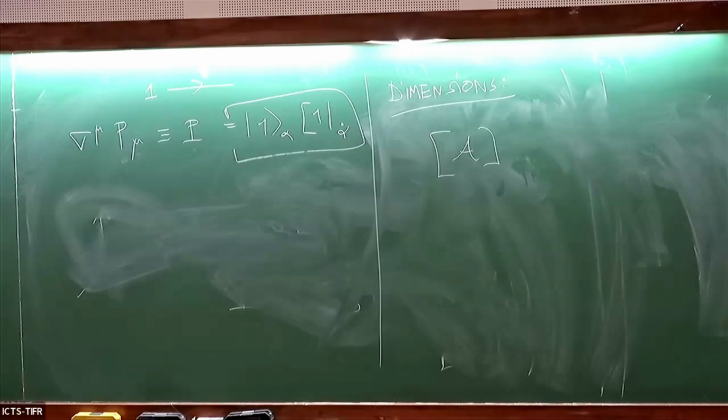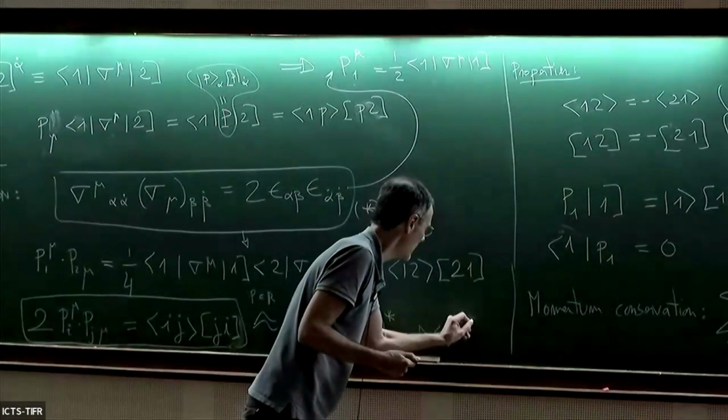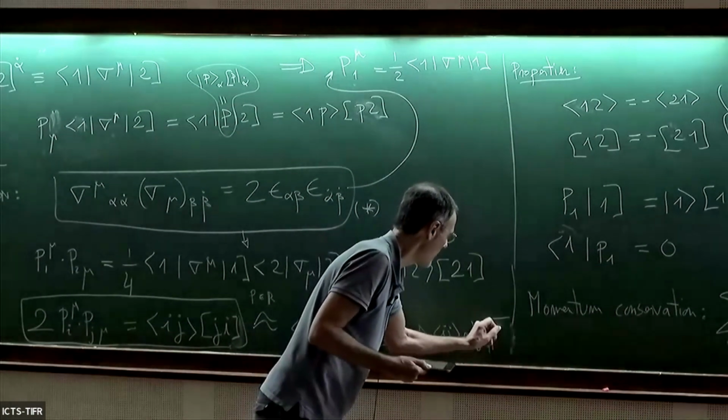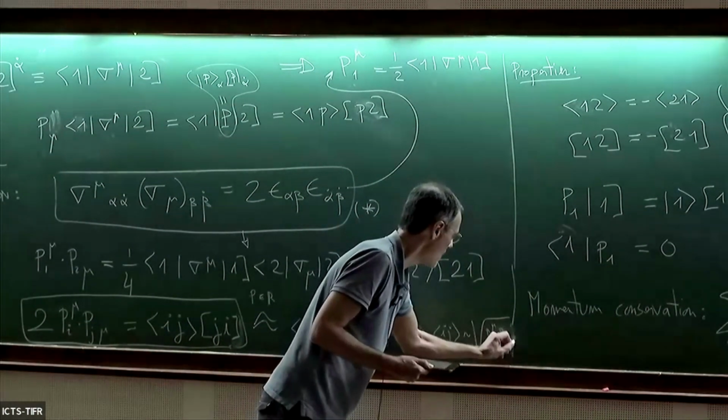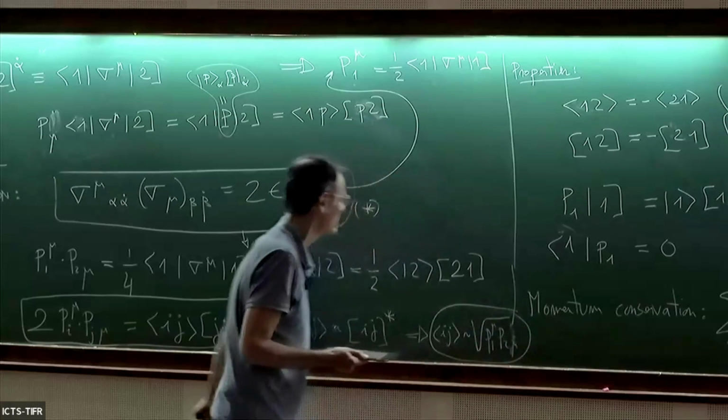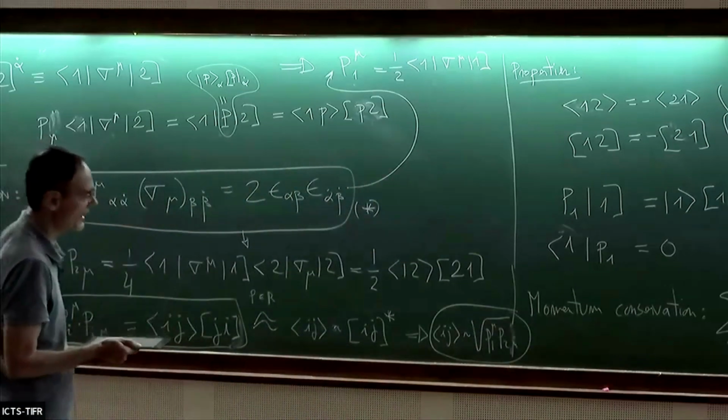If the momentum is real, we already said that this has to be one the complex conjugate of the other. And you get a feeling that these guys, up to a phase, behave like the square root of the contraction P1, P2. There are some phases in front that I don't care about.